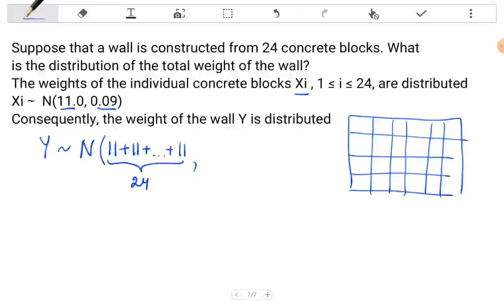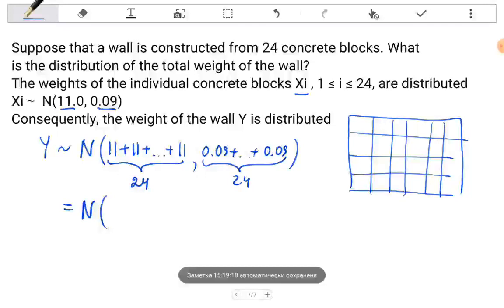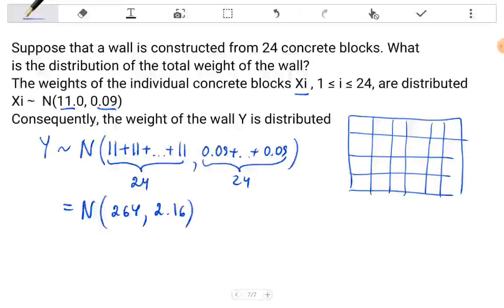And for the variance, we take 0.09 plus 0.09, 24 times. Right? So in fact what we get is normally distributed with 24 times 11, 264, and 24 times 0.09, which is 2.16.